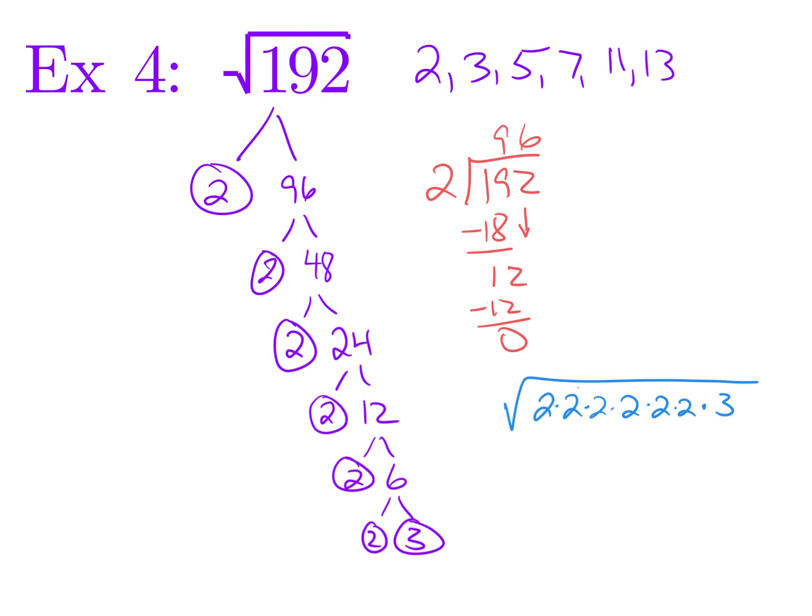And then we circle all of our pairs. How many is in a pair? 2. So all of our pairs of 2s. What happens to the pairs? They go outside, or they turn into 1. Yeah, they get married, turn into 1, and go outside.